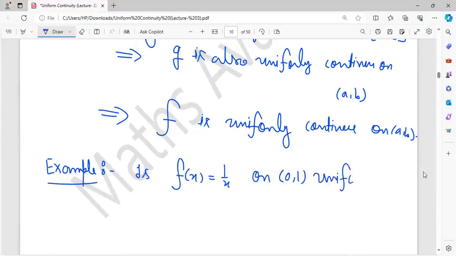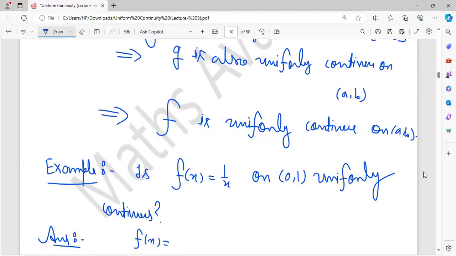Is it uniformly continuous? What is your answer? We know that f(x) equal to 1 by x is continuous on open interval 0, 1.